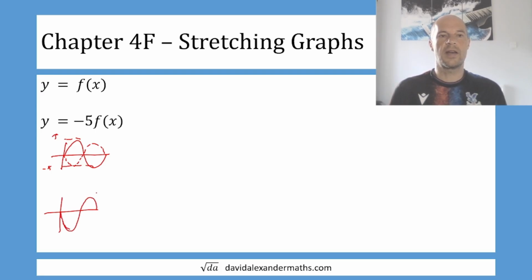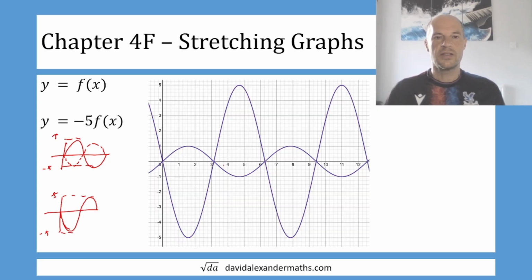If f of x is the sine of x, then this would be minus 5 sine of x, where this point here is positive 5 and this point here is -5. So we're stretching with the scale factor of 5 and reflecting it in the x-axis. Here we go. So here is my sine curve. The function of x is the sine of x, as we can see, goes up to 1, goes down to -1.